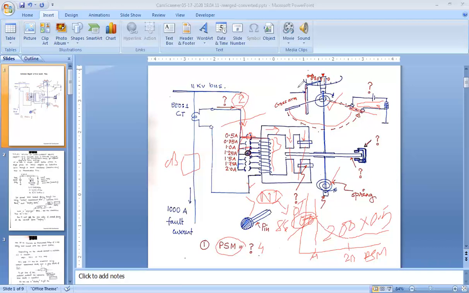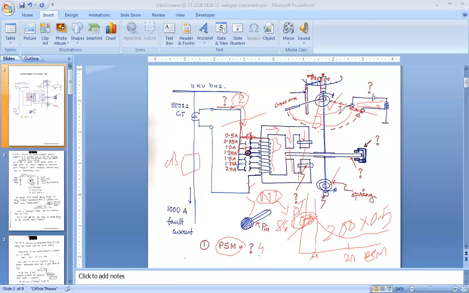If we move this stop band, this rod where this arm is being rested, it can be moved forward. So if I move it here, then obviously the initial position of this arm will be here. So it will take less time to reach from this point to this point.